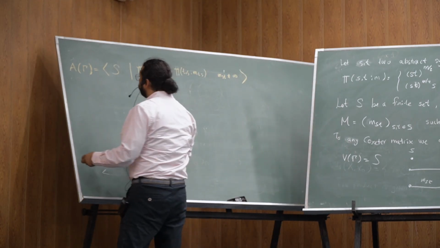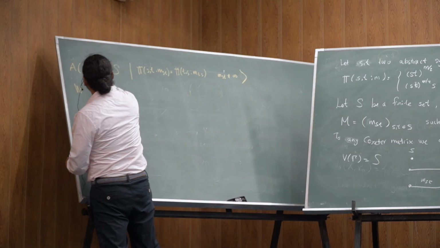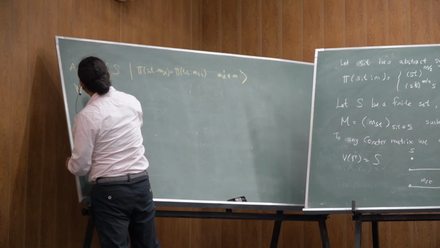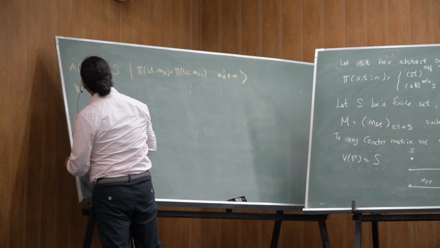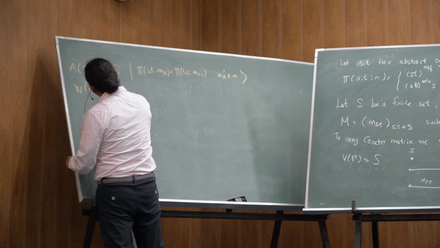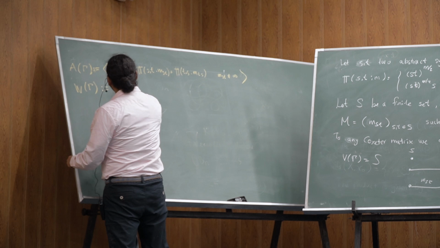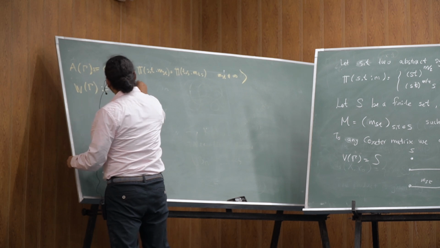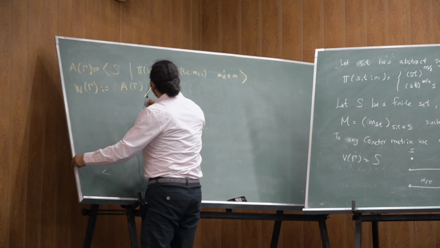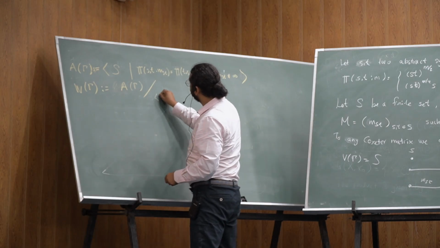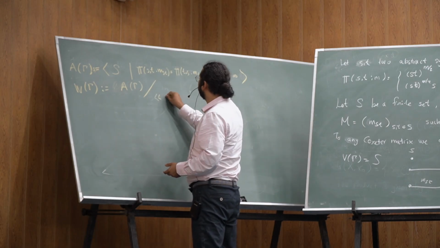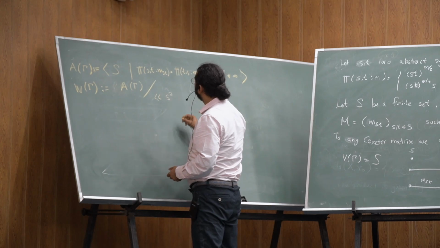Okay, and of course, the Coxeter group, this is by definition. The Coxeter group associated to gamma will be the Artin group modulo, or just adding, the relations S squared equals 1.